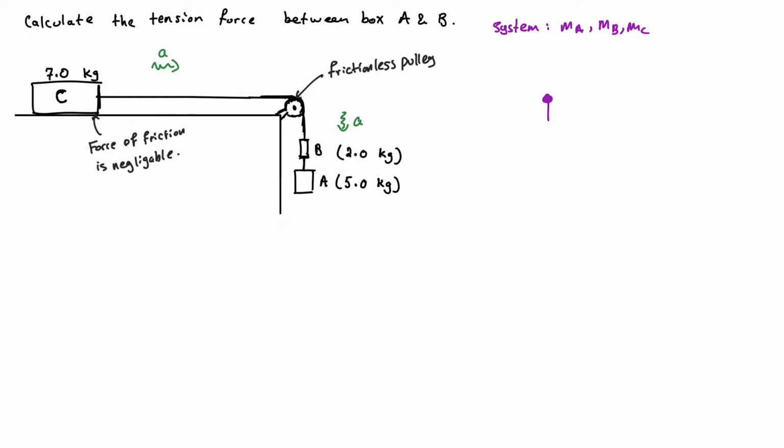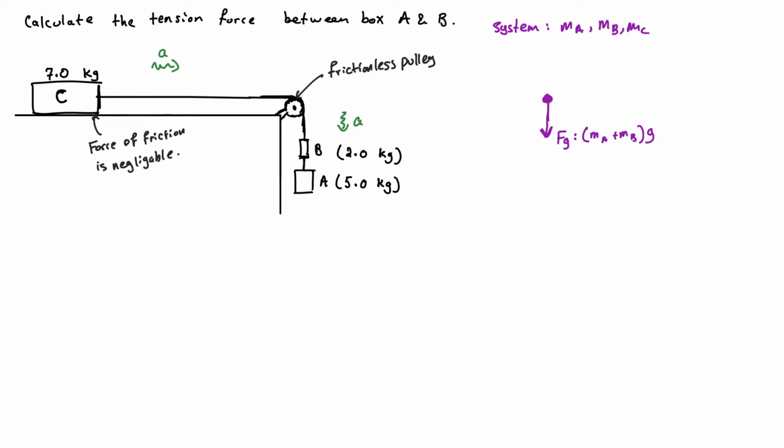So this is the force of gravity, and that's actually it. There's only one force acting on it. The only two masses that are actually experiencing gravity are mass A and mass B, and that multiplied by the gravitational acceleration will equal the force of gravity.